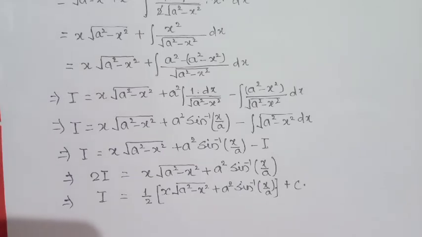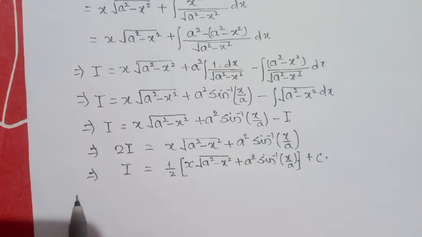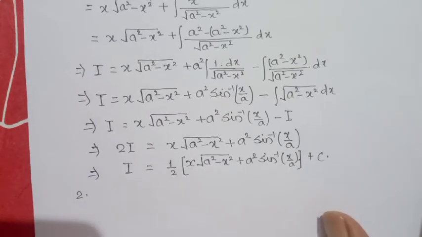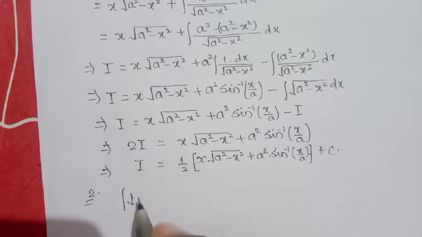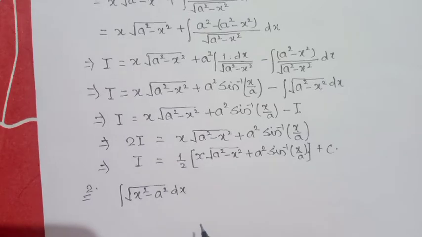Now consider the second identity. The second identity is the integral of under root x square minus a square. Again this is an identity.